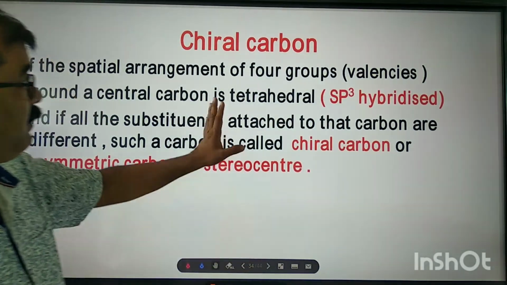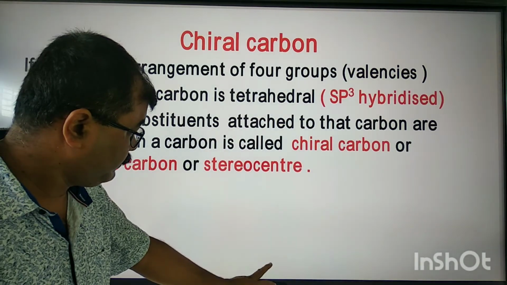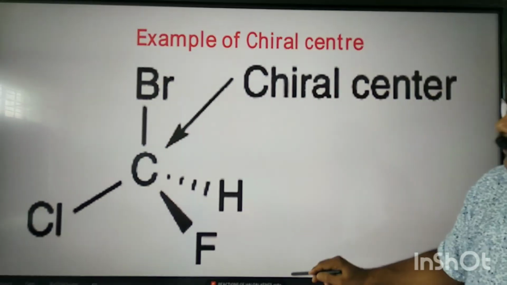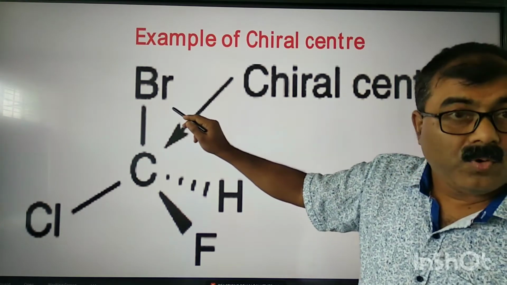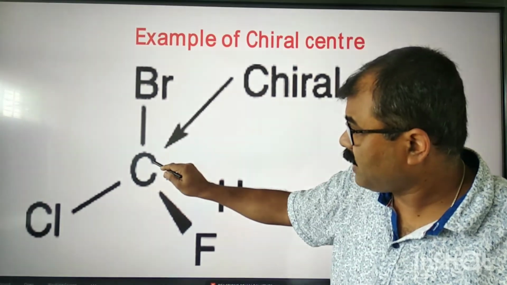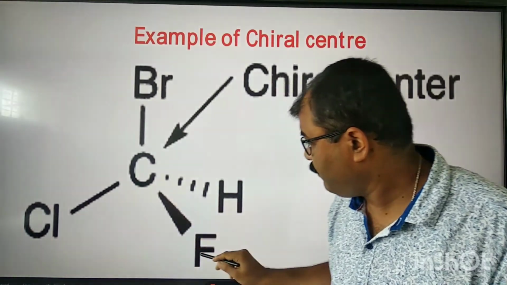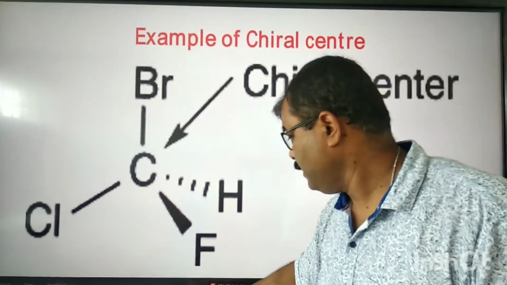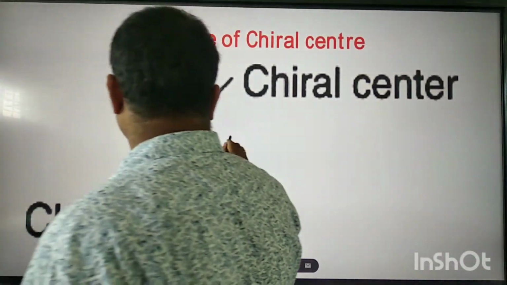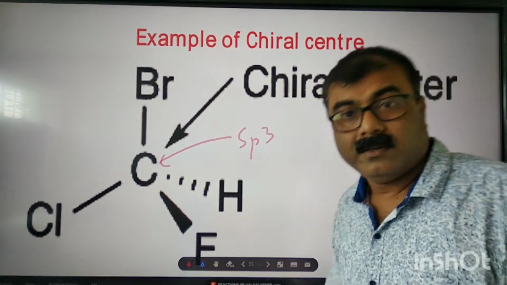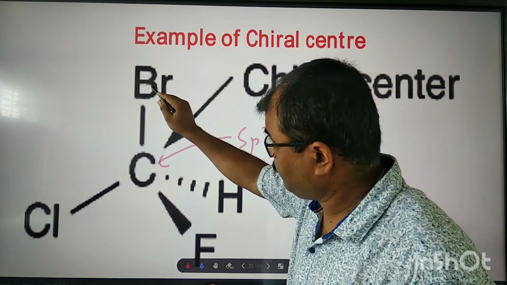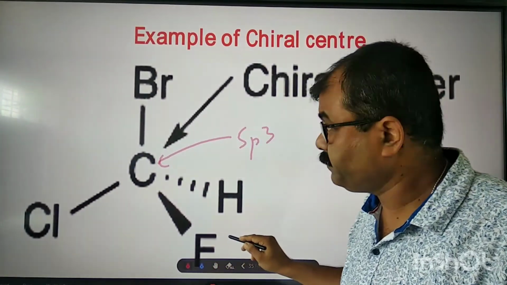So we have learned what is the meaning of chiral carbon. This is an example of chiral carbon or chiral center. See here, there are 4 different groups attached. This is carbon, there are bromine, chlorine, fluorine and hydrogen. And this carbon is sp3 hybridized, and it is attached with 4 different groups.